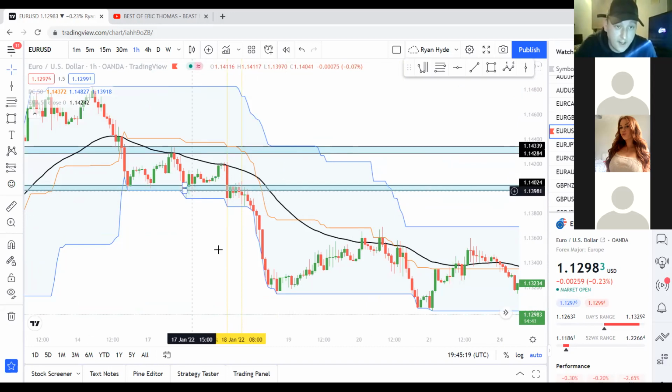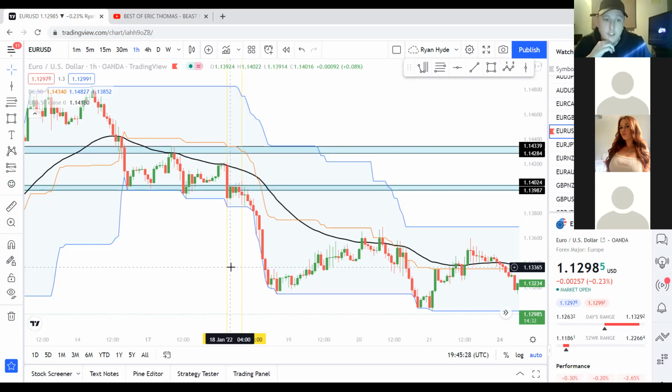So that's why you've got that wick there. So I wouldn't really count that on the 1 hour time frame as a definitive price action movement. I wouldn't say that half of a body and then half of a wick could be classed as an engulfing candle. I want to see the whole body of that candle really engulfed.